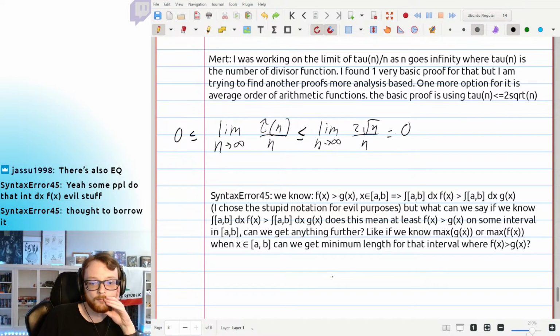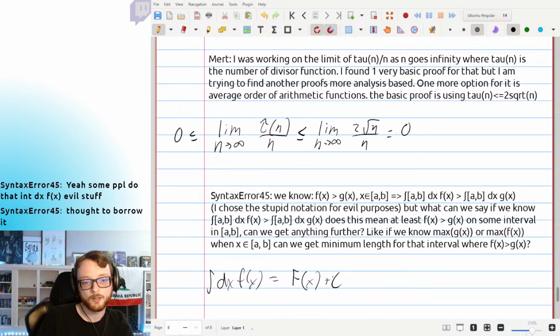If the second part is true, then yeah, but the issue with the other direction is the constant of integration.